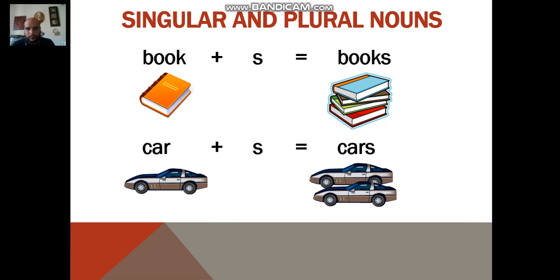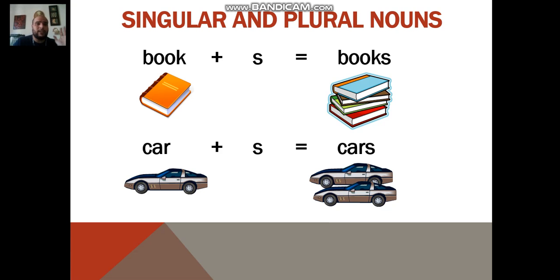Let's carry on. Of course, it's easy for everyone to form the plural with regular nouns. You're going to add an S. Book is going to be books, and car is going to be cars. But the problem is with the irregular nouns, which make a lot of problems for us. To learn them, there are several rules, but most of the rules are not 100% correct always, okay? We have some exceptions.